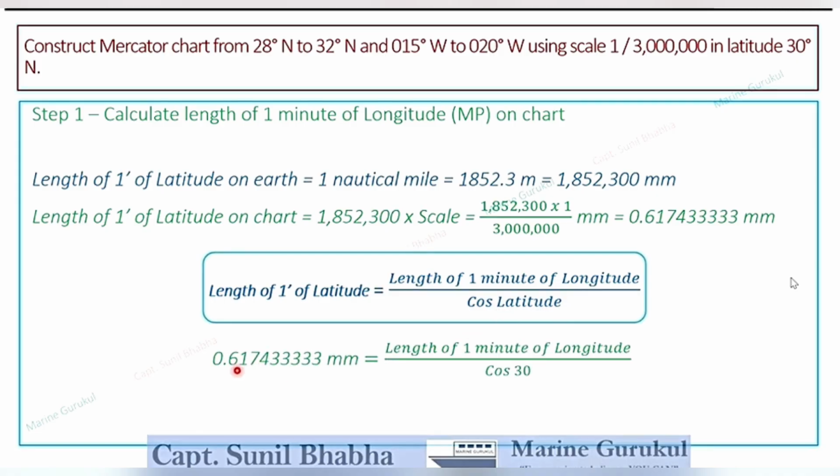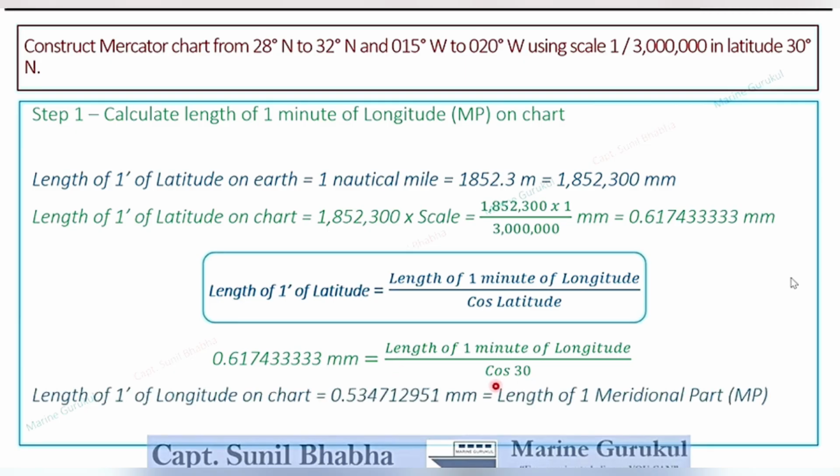So putting the values here, 1 minute of latitude was 0.61743333, which is equal to length of 1 minute of longitude, which we will be calculating now, divided by cos of latitude, which is cos of 30. So using these two values, we get the length of 1 minute of longitude on the chart, and it comes to be 0.534712951 millimeters.